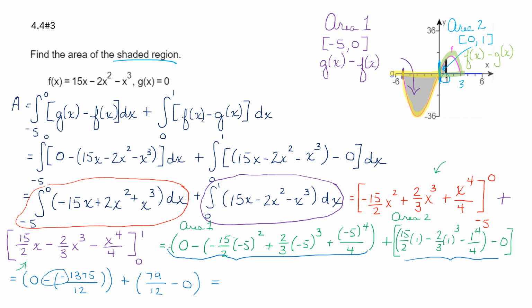It becomes a positive. So we'll have the 1,375 over 12, which is the area 1. And we're going to add the 79 over 12 minus 0, which is area 2, is just 79 over 12. And like I said, leave it as a fraction.